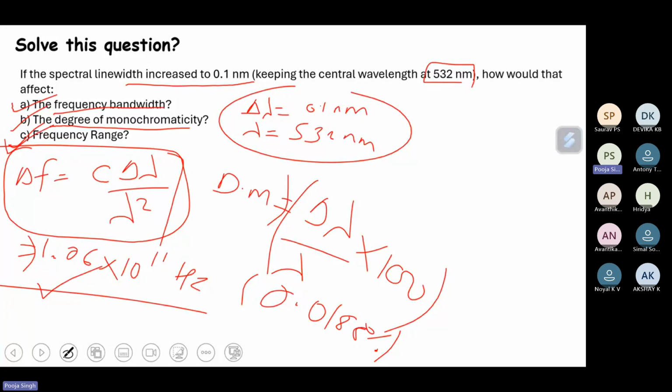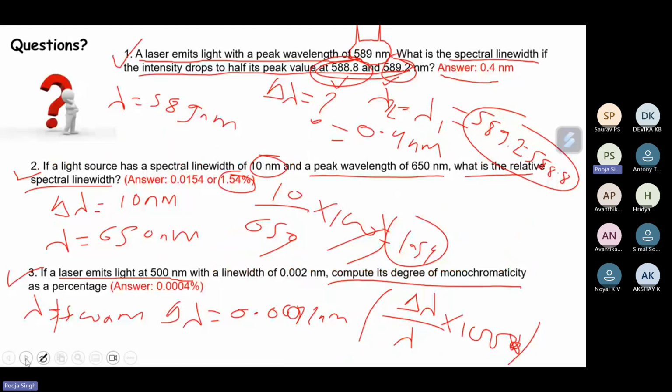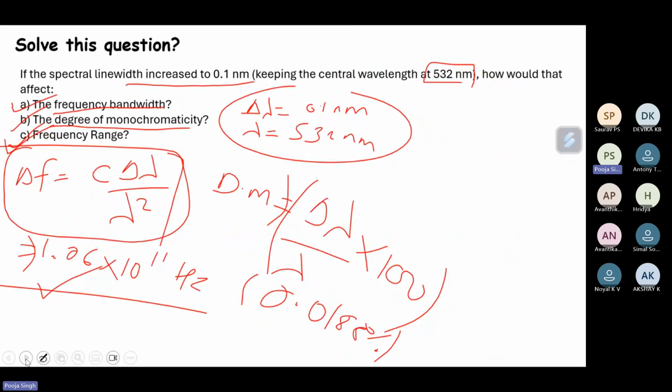Okay, now next is the frequency range. It is asking you to find the maxima and minima. Here we have the maxima value and the minima value, so you take plus delta V by 2 and minus delta V by 2. But here you have a wavelength, so you need to convert it into frequency.